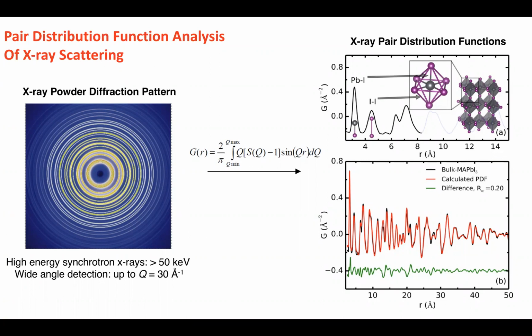And you can take these patterns and Fourier transform them to produce things called X-ray pair distribution functions. We use X-ray pair distribution functions all the time in the group because they tell you about the structure of the solid with more detail than you get just by looking at this first pattern.